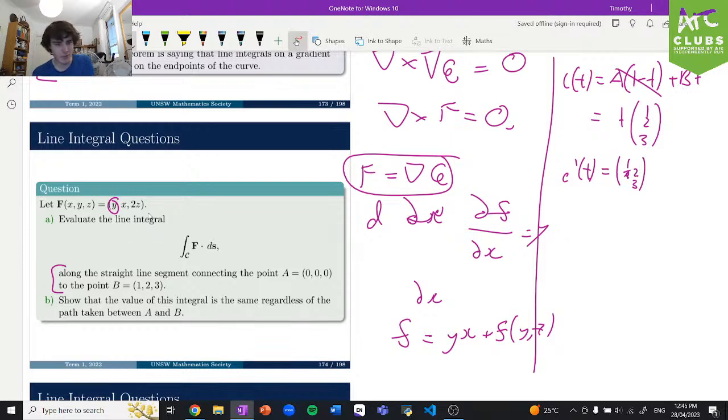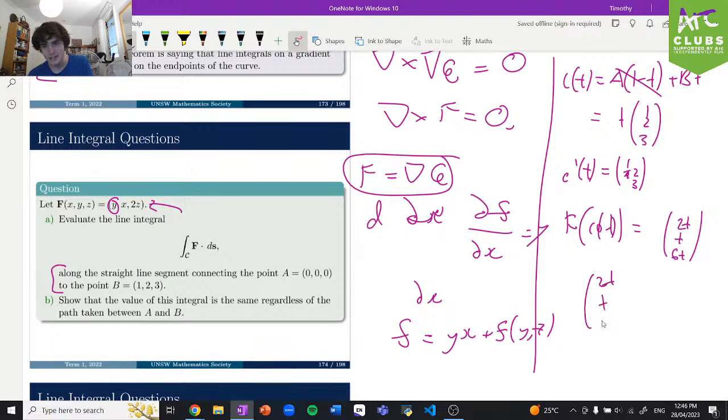And we can substitute it into our function. So f of c of t is equal to whatever y of t is. So that's 2t. x of t is t, and then 2z is going to be 6t. So now we're just taking the dot product between 2t, t, 6t, and 1, 2, 3, which is going to be equal to 2t plus 2t plus 18t, which is 22t.